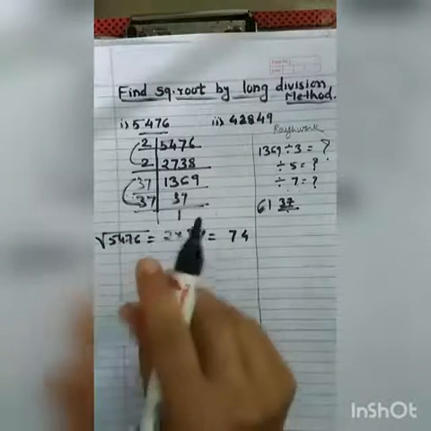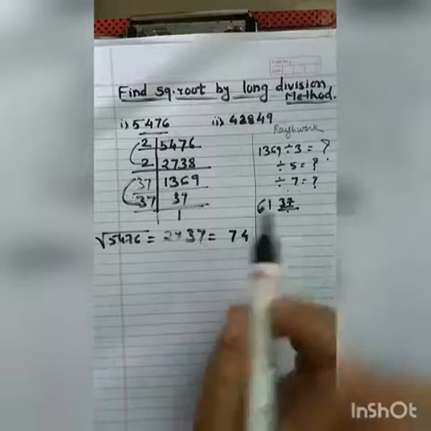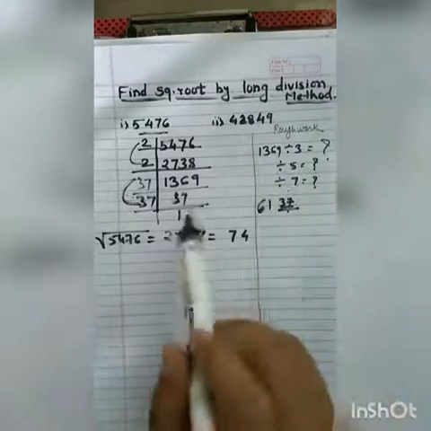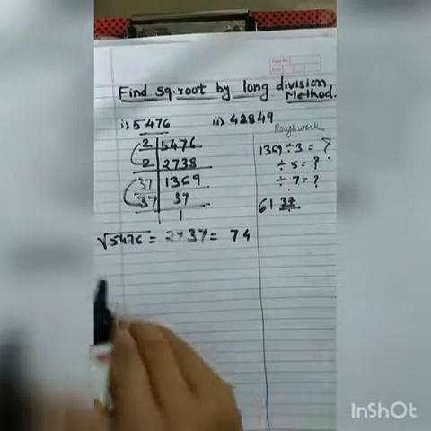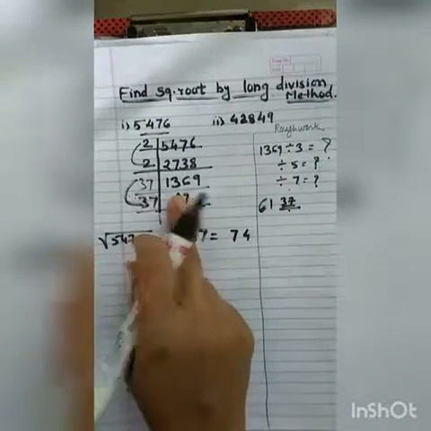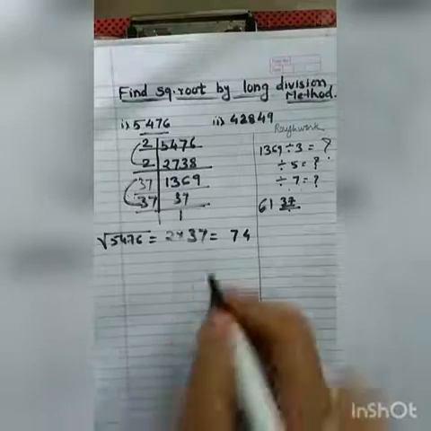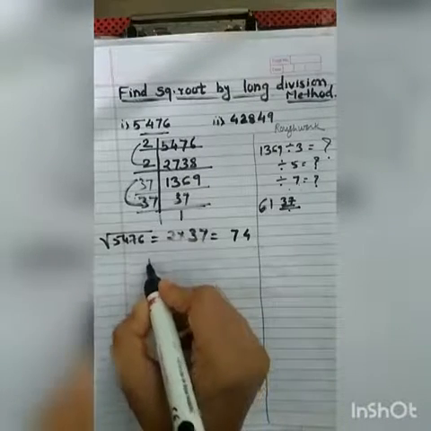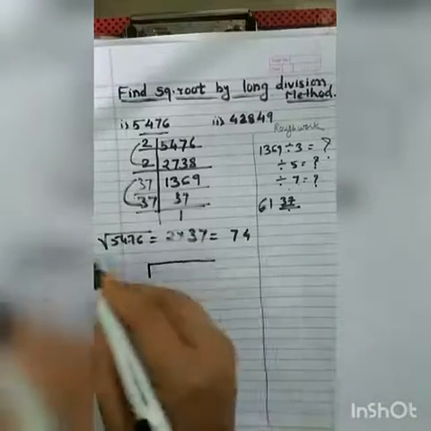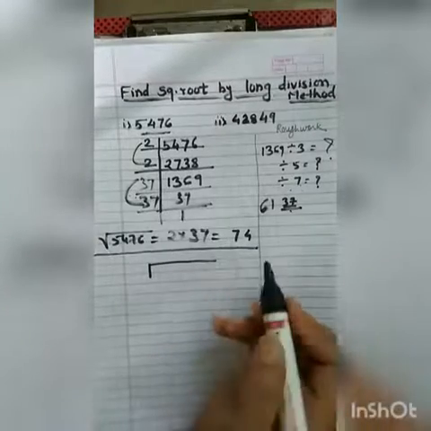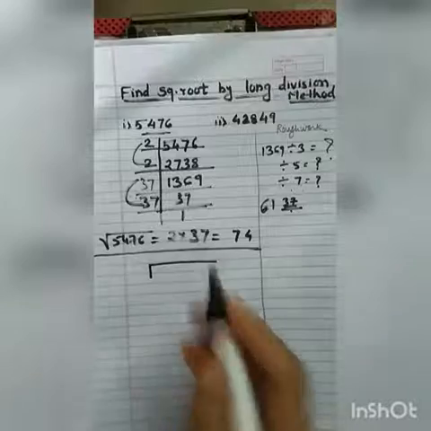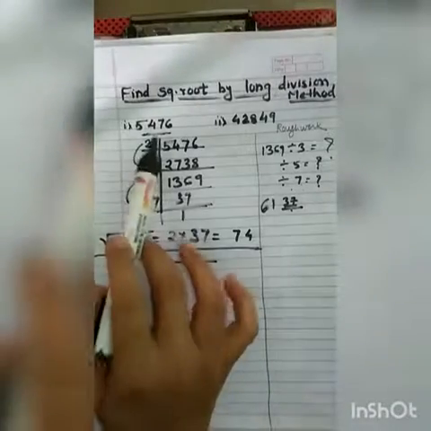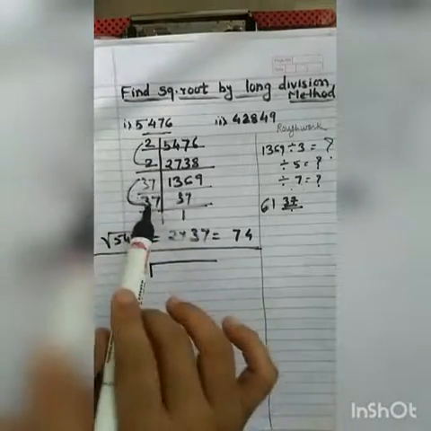So for this, it is very easy. The alternative method of prime factorization, that is the long division method. Look, I will do this sum with the help of the long division method. In the long division method, first we have to pair the numbers, because when we are finding the square root, we know that we have to pair the prime factors. 2, 2, 37, 37.